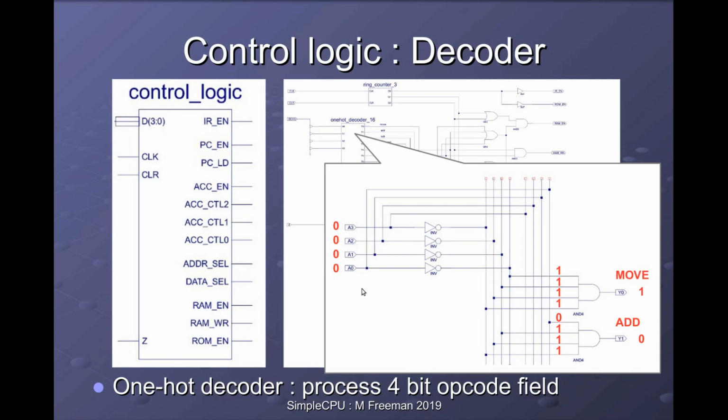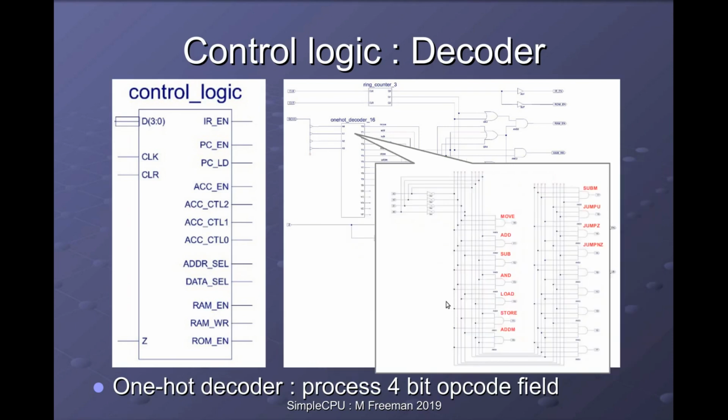If the next instruction contains opcode 1, then one of those bits will go to a 0, disabling that AND gate, but this one here now goes to 1, indicating we're doing an add instruction, because opcode 1 is the immediate add instruction. So if you go back and look at the instruction set for the processor, you'll see each one of these AND gates will go to a logical 1 when its opcode is in the instruction register.